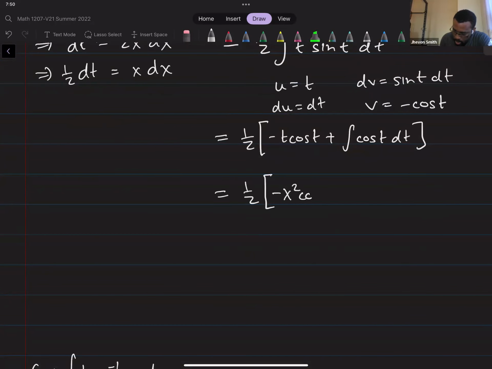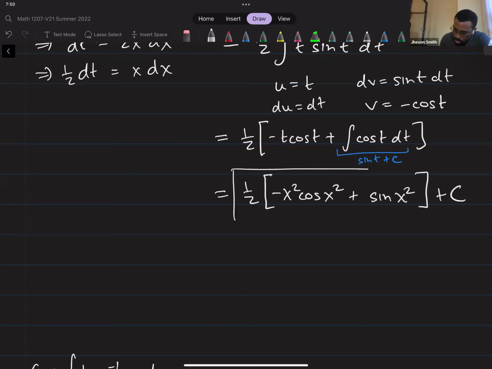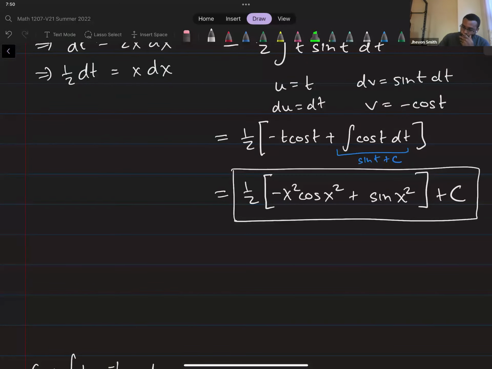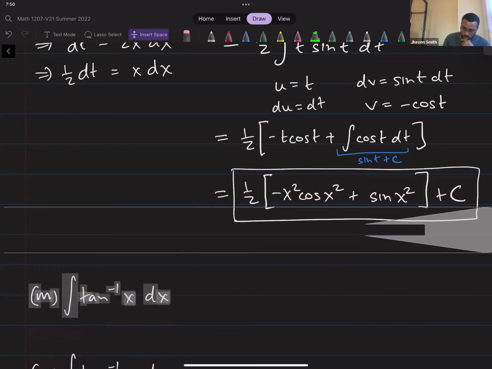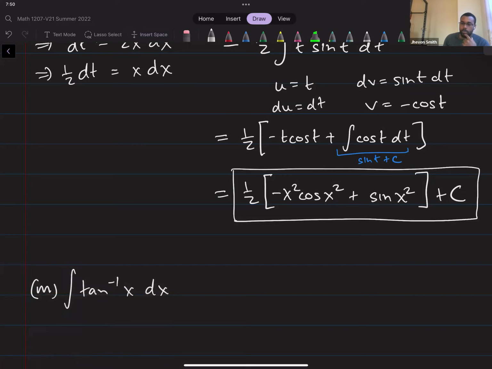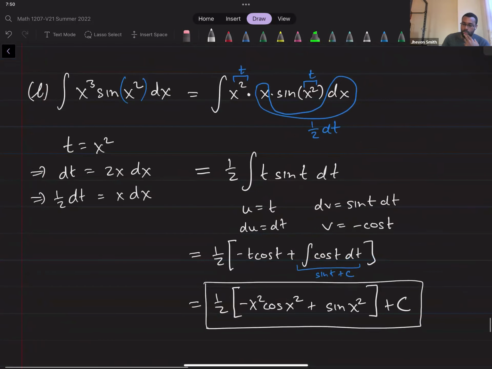So it's minus x squared cosine x squared plus the integral of cosine, which is just sine. So that's what that one would look like.